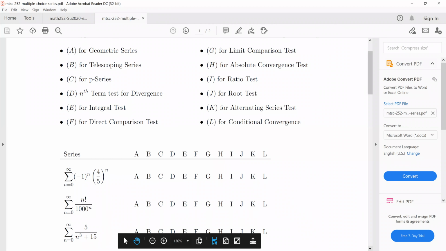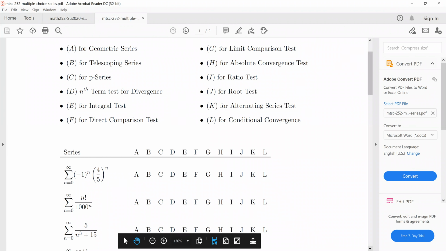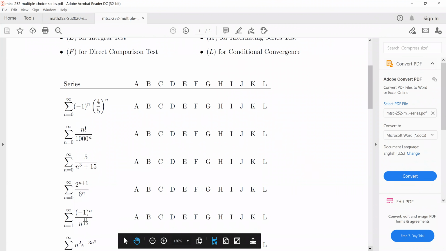All right, the third one. Summation, n equals 0 to infinity of 5 over n cubed plus 15. There are 2 tests I can use for this.